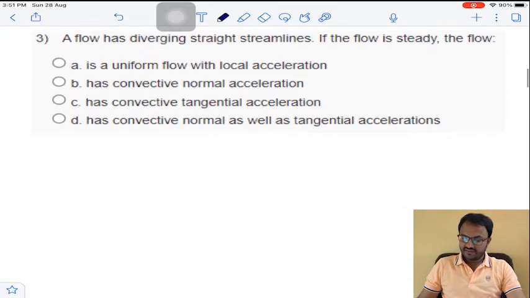Next question. A flow has diverging straight streamlines. If the flow is steady, the flow has which type of acceleration? He has given so many options. First of all, we have to study, we have to analyze what are all the different types of accelerations. Okay, so first coming to tangential acceleration.